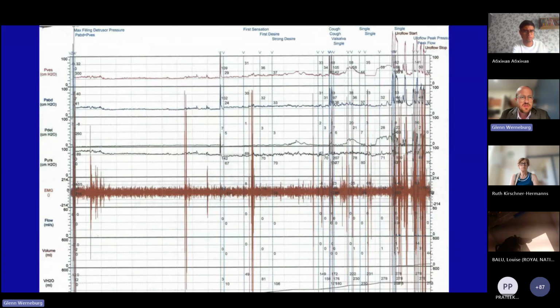You can see the third row is p-det. You can see that starting at a filling of about 100 cc's, again, that's that bottom row, I can see a volume of about 100 there. We start to see some detrusor overactivity in the green curve, the p-det. Okay, I just want to make sure that it doesn't have to do with the abdominal pressure.